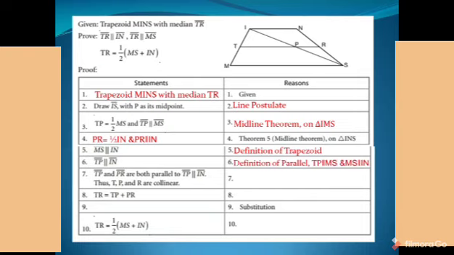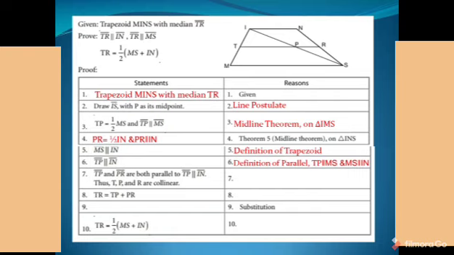Definition of parallel, or TP is parallel to segment MS and MS parallel to segment IN. For number 7 statement, segment TP and segment PR are both parallel to segment IN. Thus, T, P, and R are collinear.